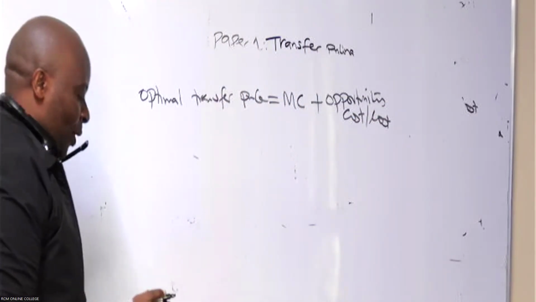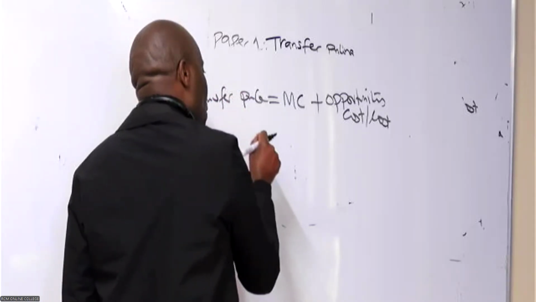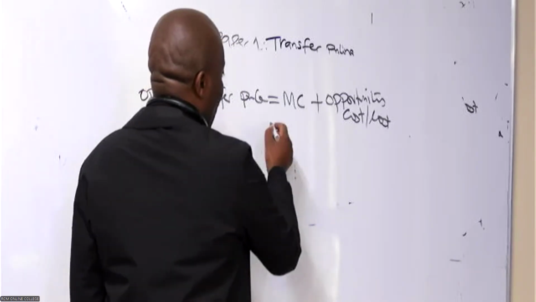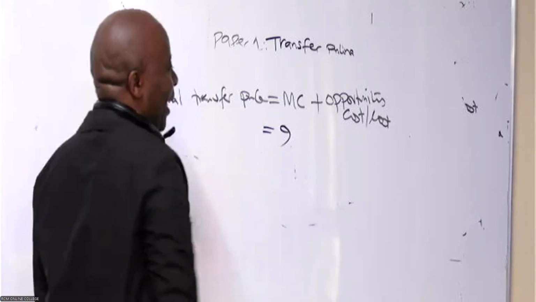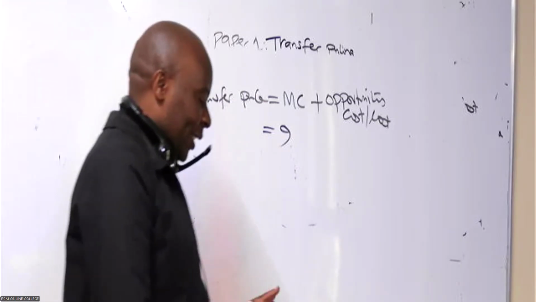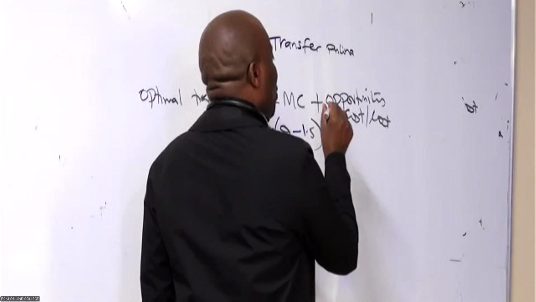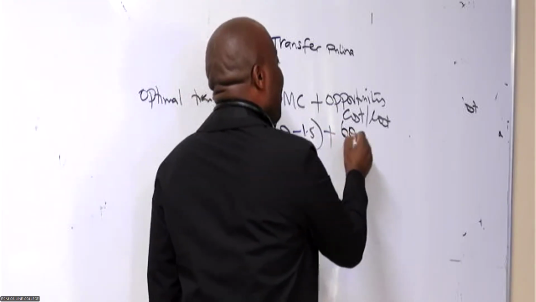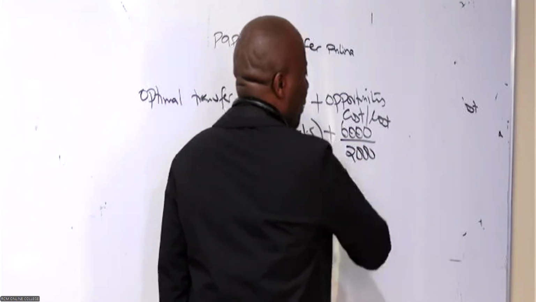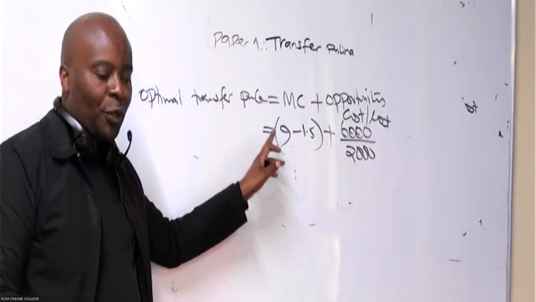So if in this case they want us to change, remember we have an alternative use for Z. The marginal cost still remains at 9, the variable cost was 9, but don't forget that we are still going to save on the packaging. And the opportunity cost here, remember we are going to earn a profit of 6,000 from 2,000 kilograms. Remember, this is cost per kilogram, cost per unit.